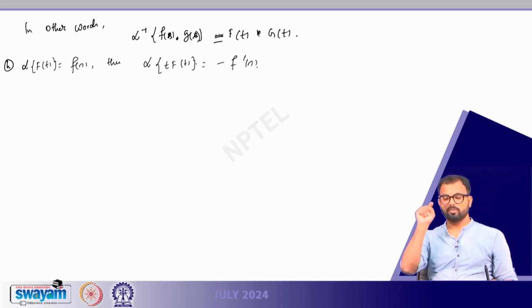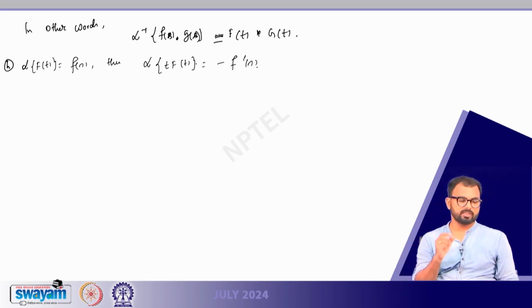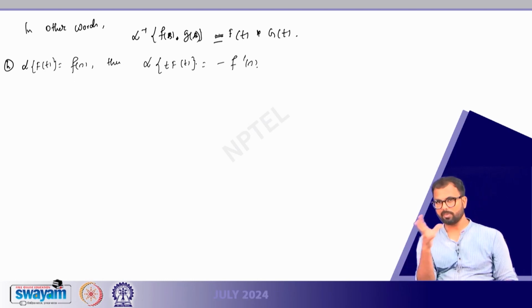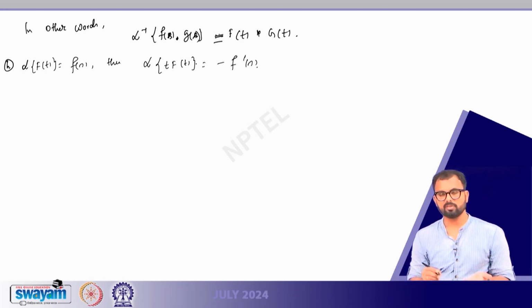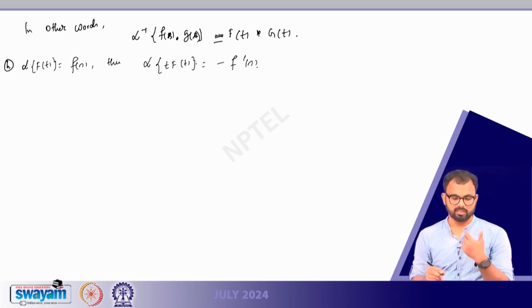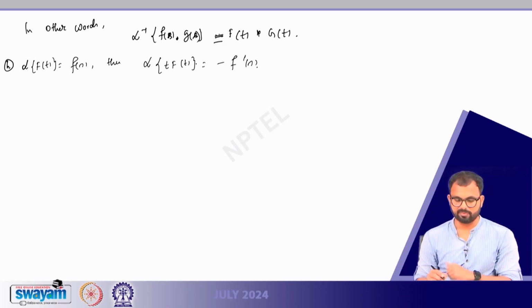So, if you take the Laplace transform of t f(t), which is equal to minus F dash of s. That means it is the minus of the derivative of the Laplace transform of f.